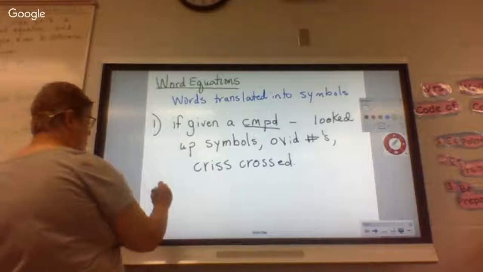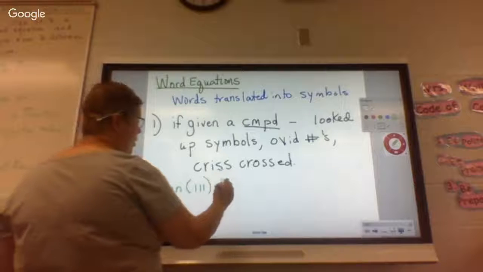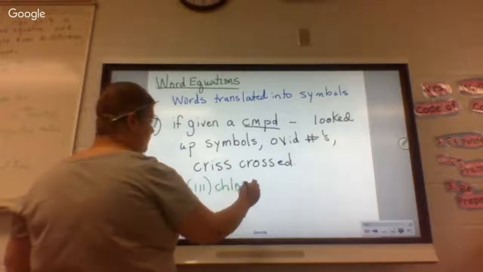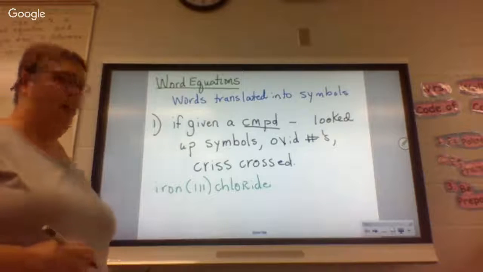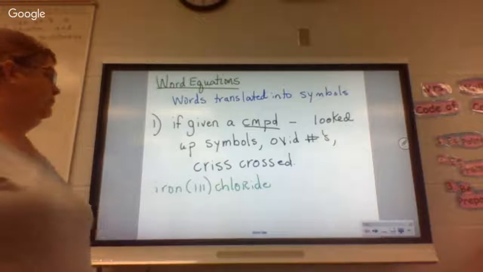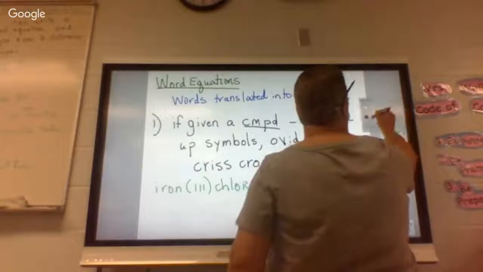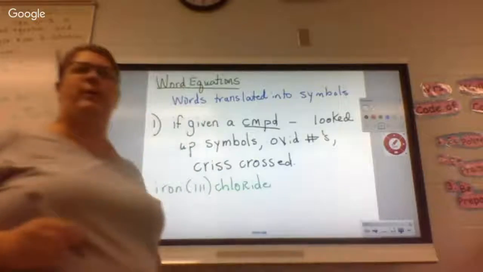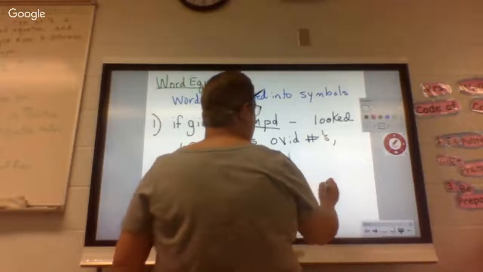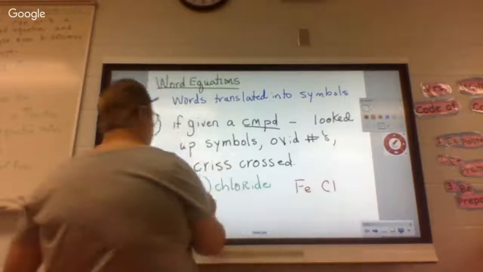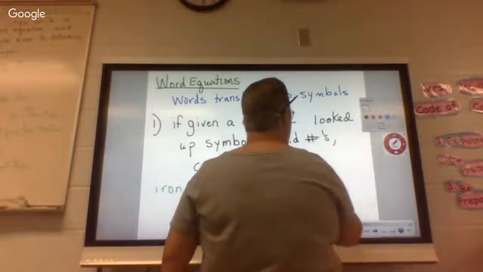So if I give you something like iron 3 chloride, this is a compound. What would I do with this compound? I would need the symbols, just like we did on the test. Iron symbol would be Fe. Chloride would be Cl. This Roman numeral tells me Fe is a +3.